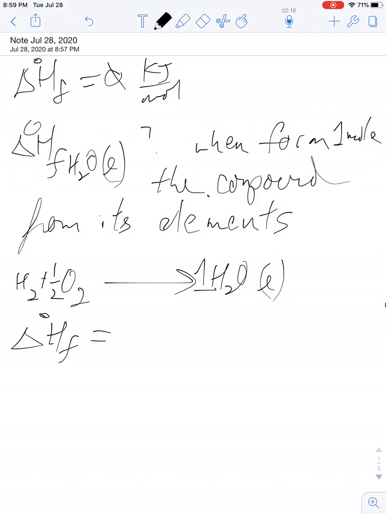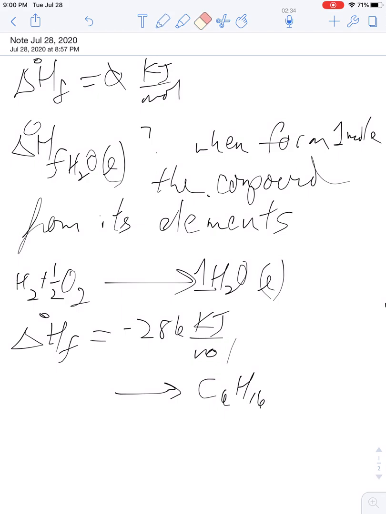And so the delta H of formation of water, liquid water, is negative 286 kilojoules per mole. If we did it for, let's say, sugar, sugar is C6H12O6. Okay, this has to be 1 mole.